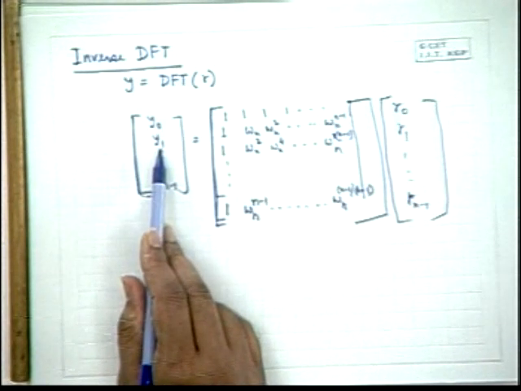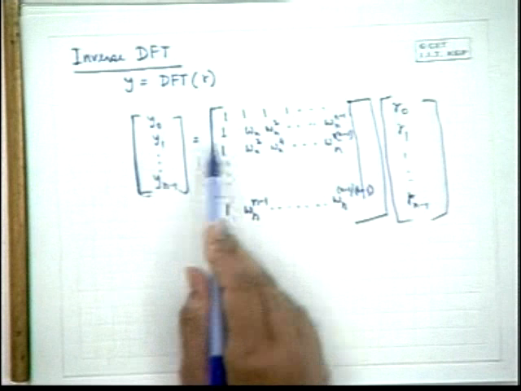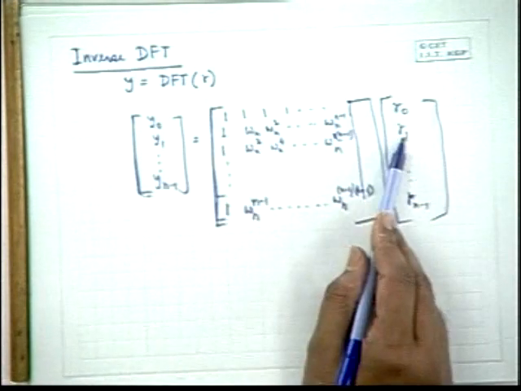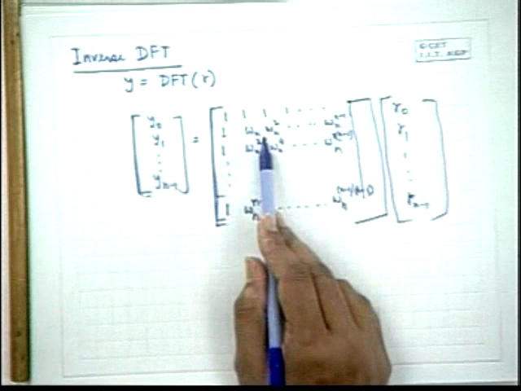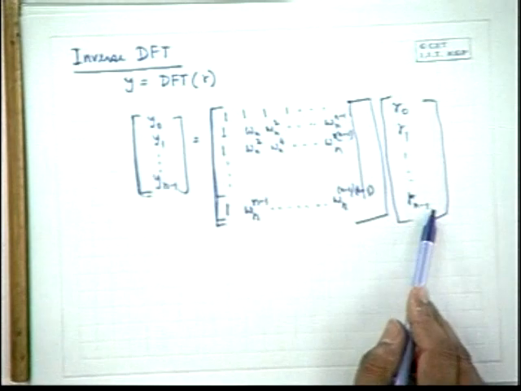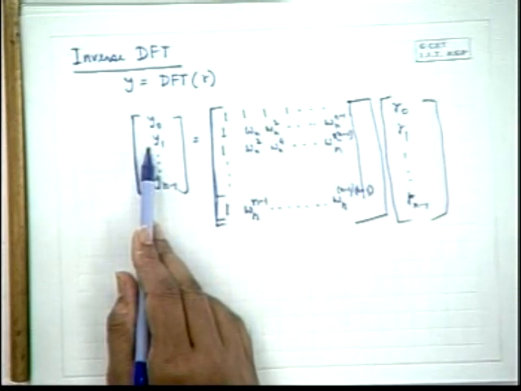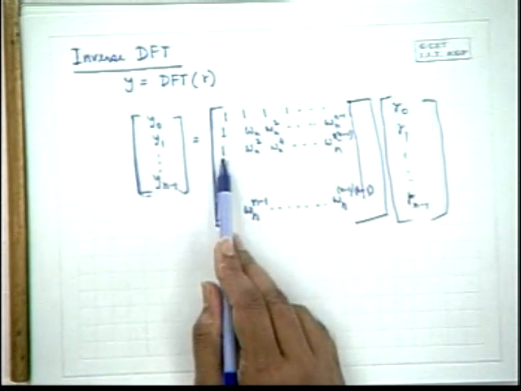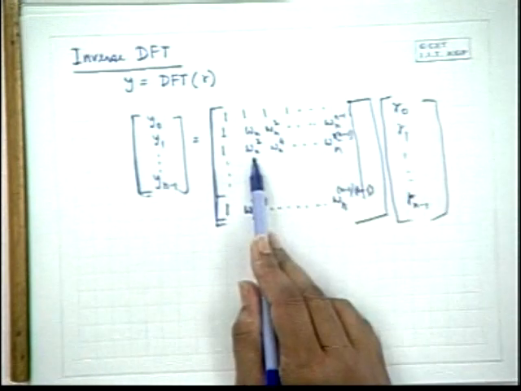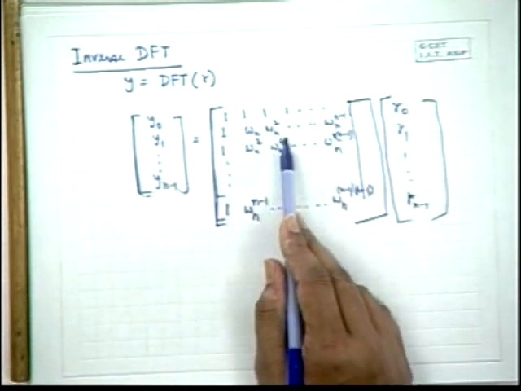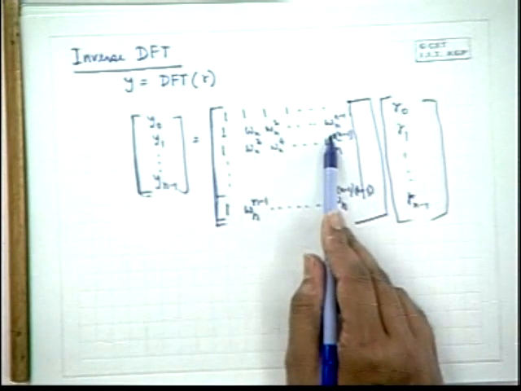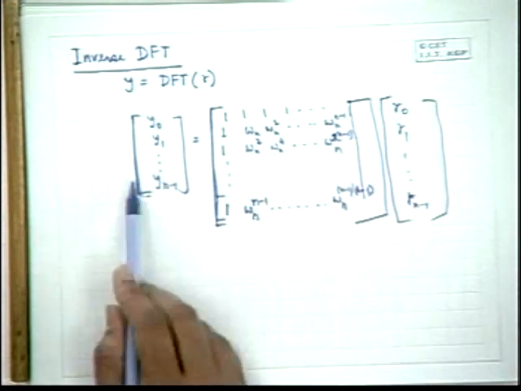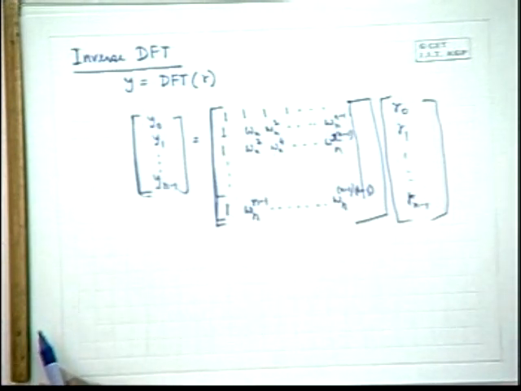You substitute x equal to wn, which is R0 plus R1 times wn plus R2 times wn square, and so on; that gives you y1. How will you get y2? Substitute x equal to wn^2, which gives R0 plus R1 times wn^2, R2 times wn^4, and so on. So everything is multiplied by 2. That's the way you get all the entries of y.